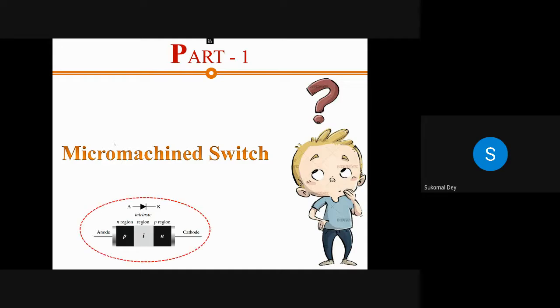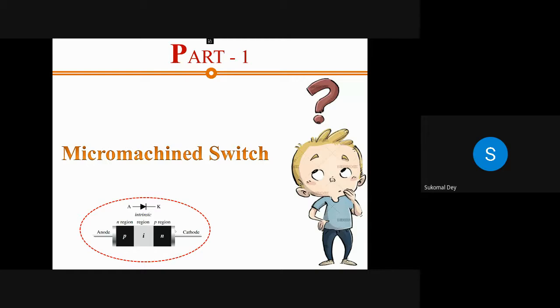PIN diodes are widely used in different kinds of applications when making circuits, and the switching operation remains the same. Whenever you are using PIN diodes, you are operating in reverse bias mode and forward bias mode, and operating the switch based on your need.